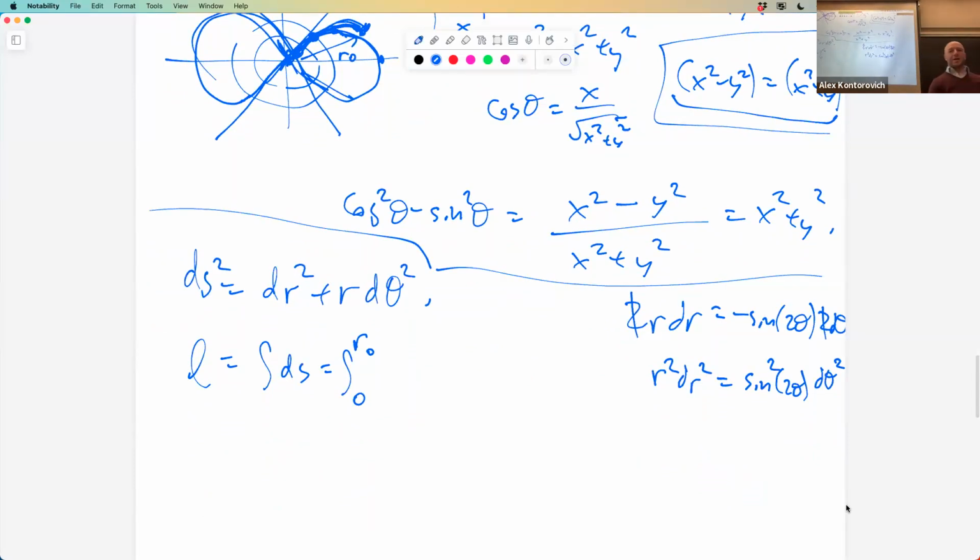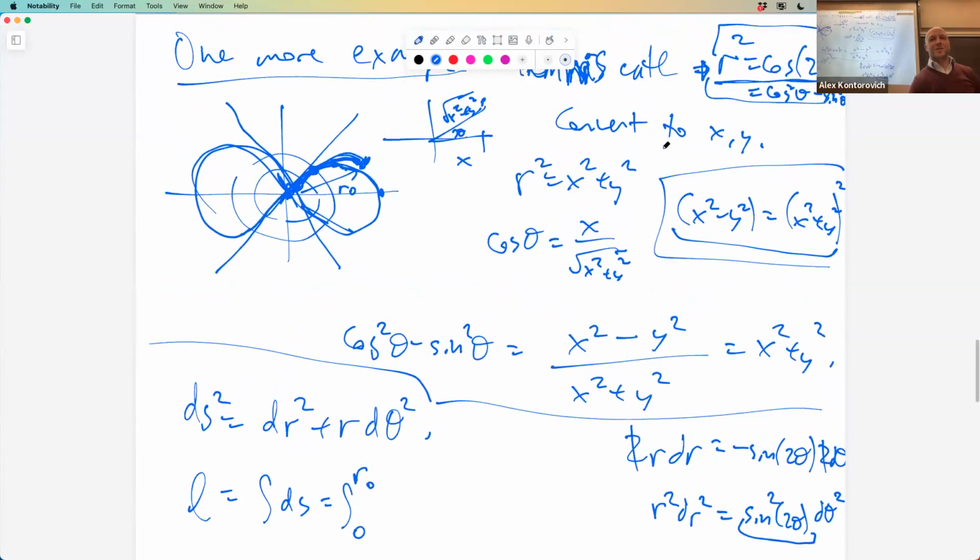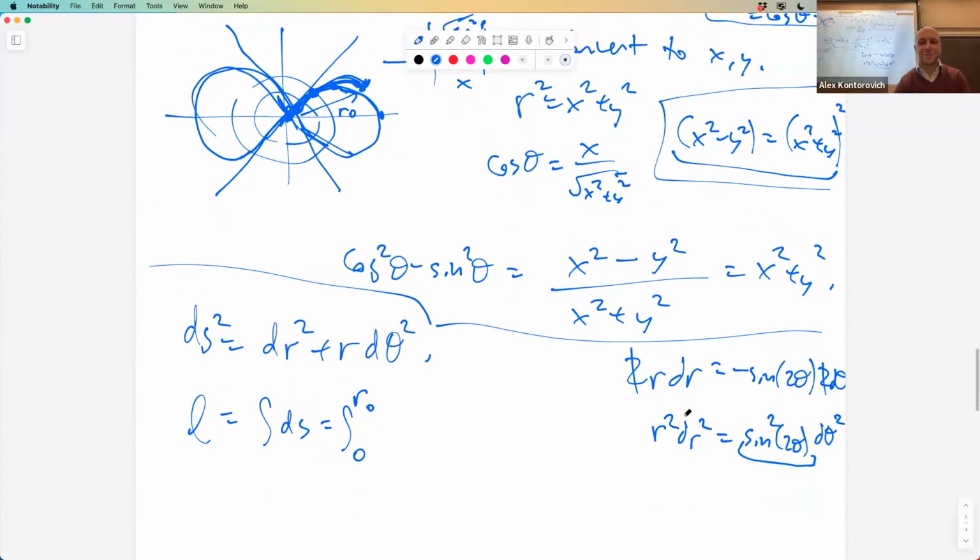We want to solve for d theta. So this sine squared we want to turn into r's. But sine squared is... what can you do with sine squared? You know what r is in terms of cosine. Yeah, so sine squared is 1 minus cosine squared.